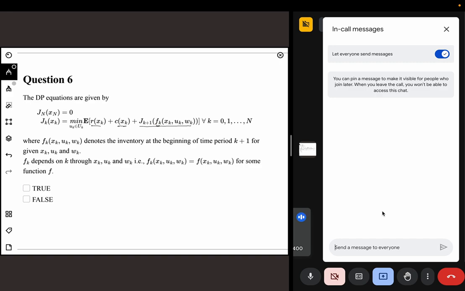So this Fk, whatever we are putting here for an inventory control problem, this statement tells you that this Fk is independent of k. So xk plus 1 is some function of the previous state. What this question asks you is, is this Fk independent of k?